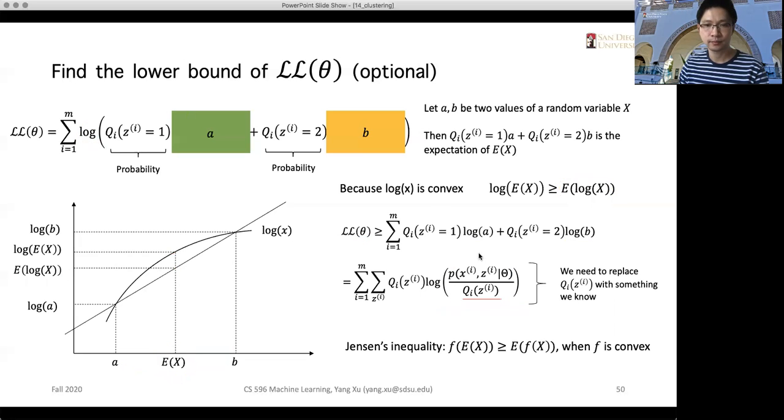This is the principle, the trick we used, called Jensen's inequality. Whenever f is a convex function, we can use the expectation of that function as the lower bound for the function of the expectation of something.